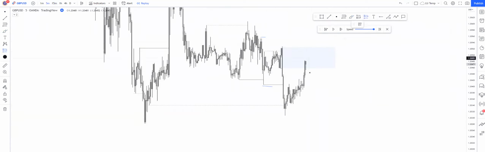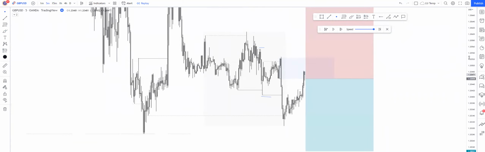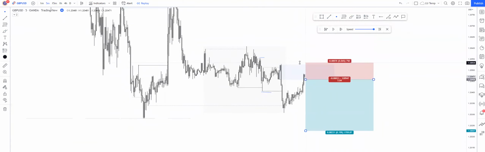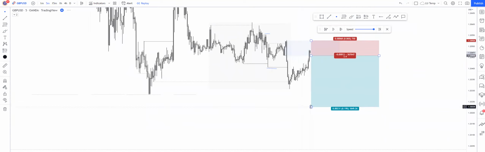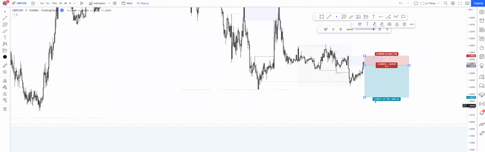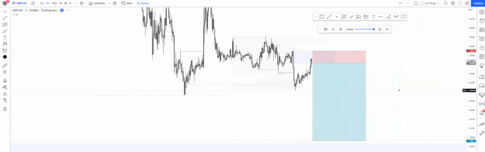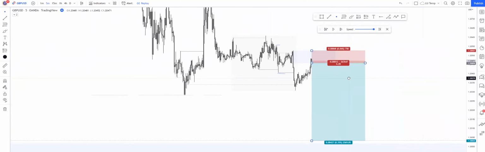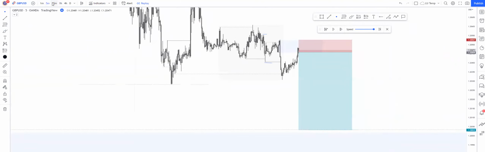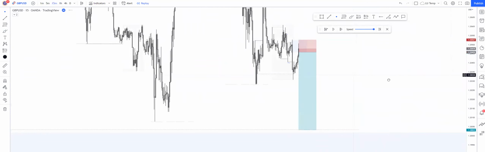I would take a short from here. How long would this be? This is a 6 pip stop loss. Six R. We'll take it. I would take it. Take the risk.